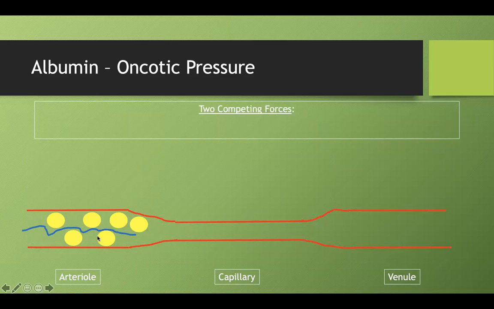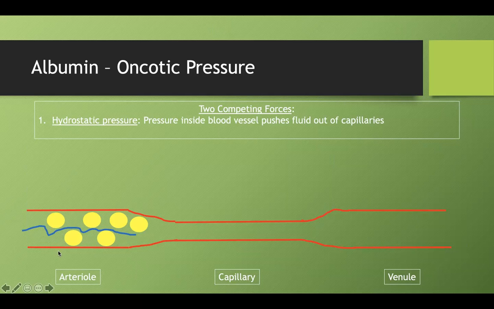And what's going to happen is that there are two competing forces that are fighting against each other to keep this fluid either within the space or to make it leave the space. So the first force that you should recognize is the hydrostatic pressure. So there's always pressure on this fluid to get pushed out.